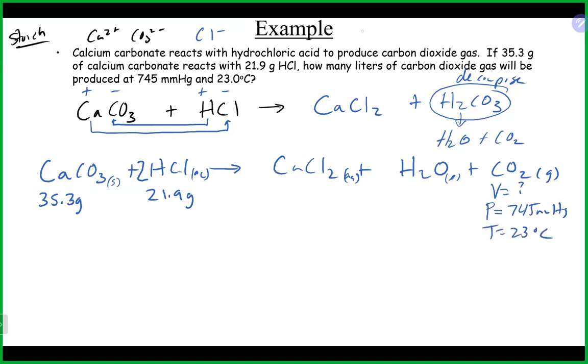So once again, if we think about our ideal gas law, PV equals nRT, we do have a temperature, we do have a pressure, we are looking for a volume, we always have R. So once again here, we will need to use stoichiometry to figure out the moles of the CO2, as that is our missing piece there.